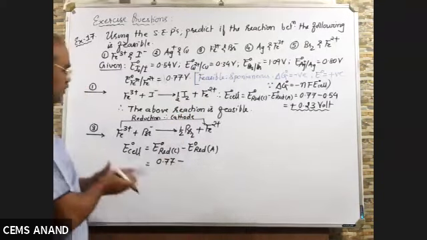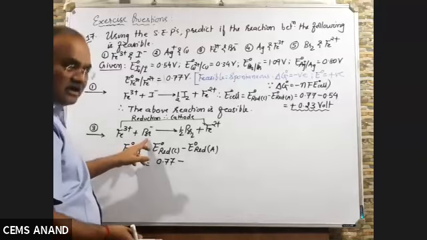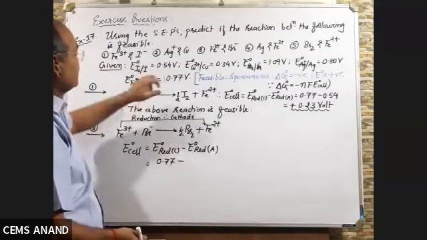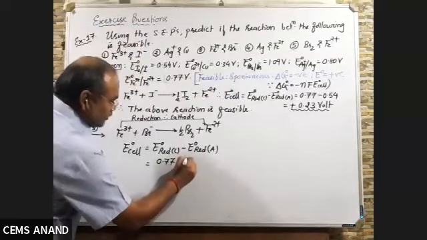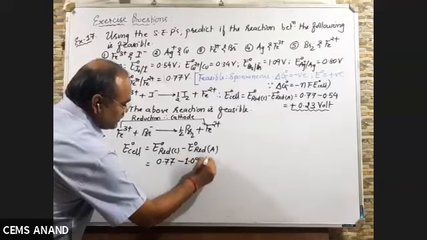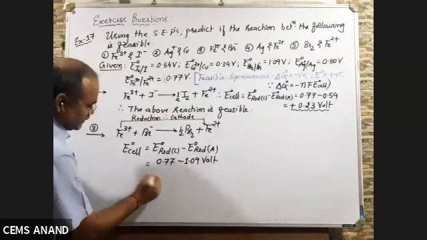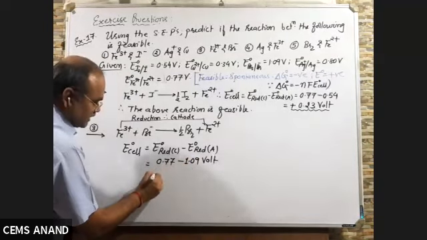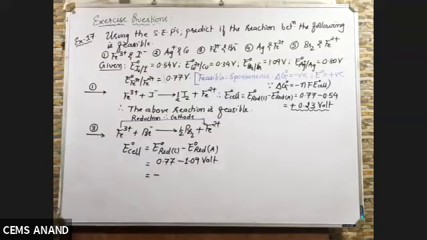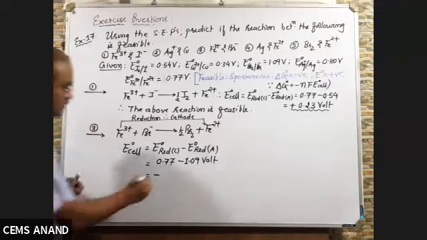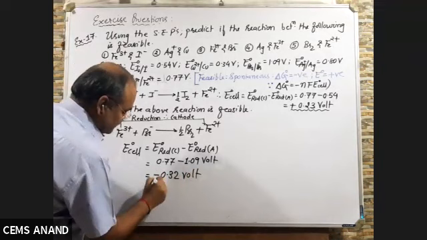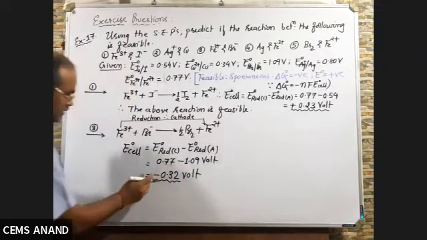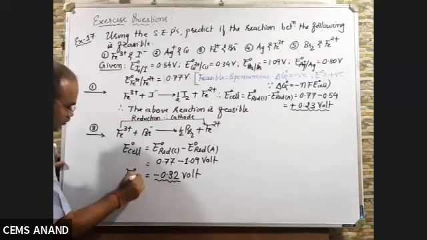Minus, who is undergoing oxidation? Br-. But we have to write its reduction value, which is given to you. It is 1.09 volt. So if I put 1.09 volt here, obviously this is the higher value, so your answer will be negative. If you subtract, you will get minus 0.32. So E0 cell you have got is minus 0.32.